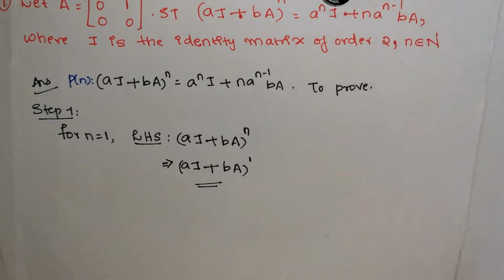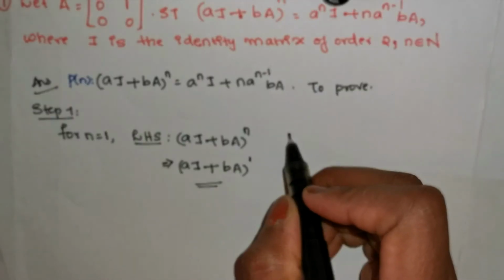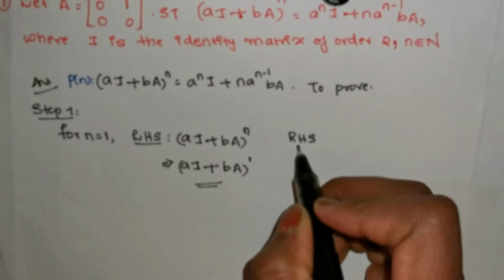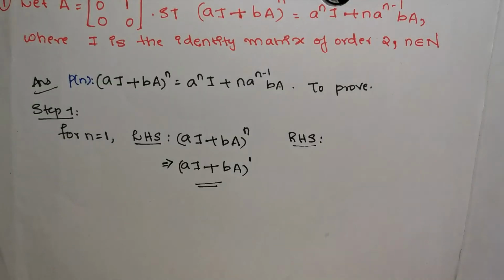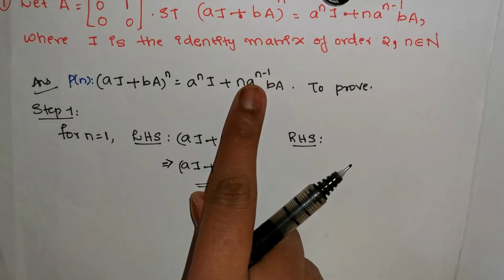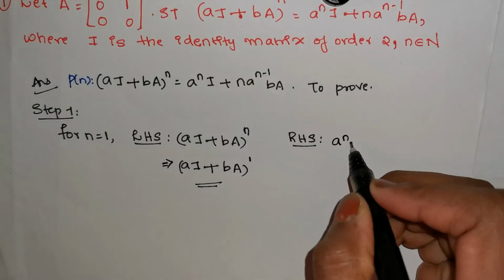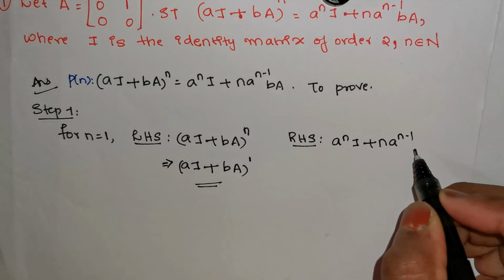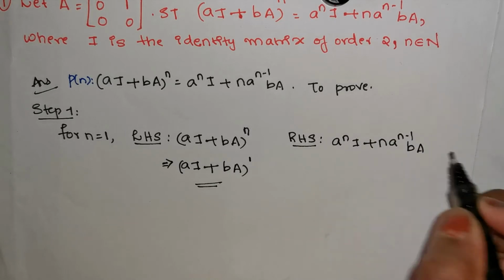Okay students, and how RHS will come? So RHS also I am writing it here. So this part is my RHS: a raised to n I plus n a raised to n minus 1 bA.